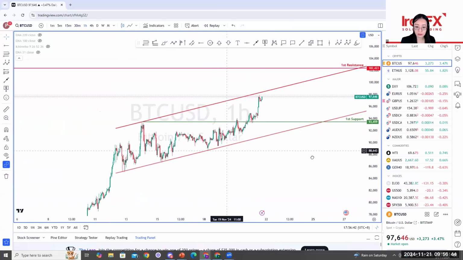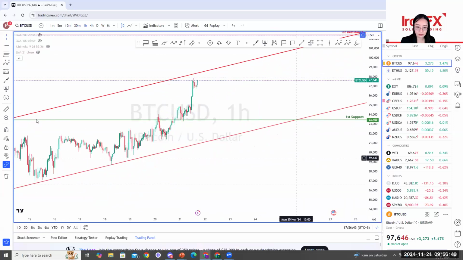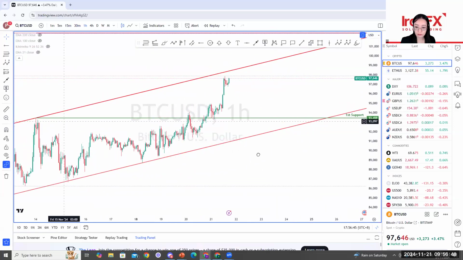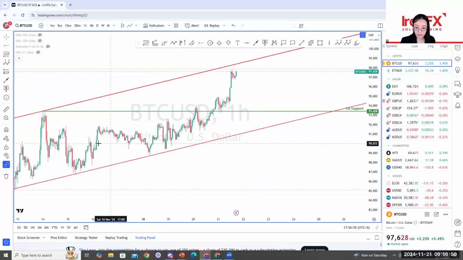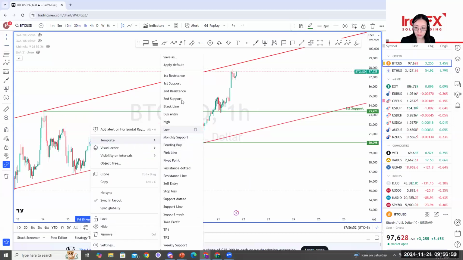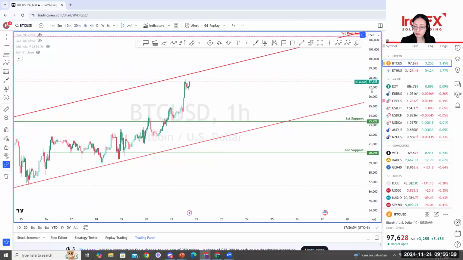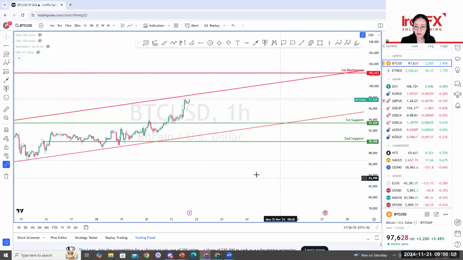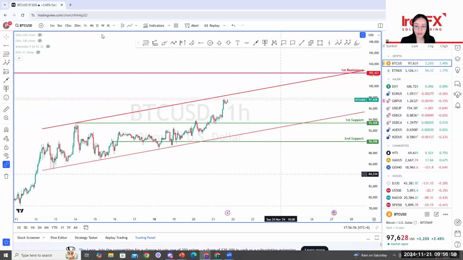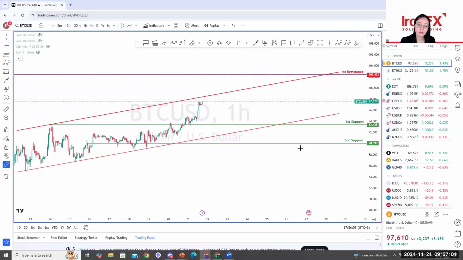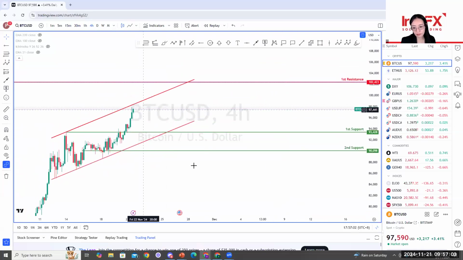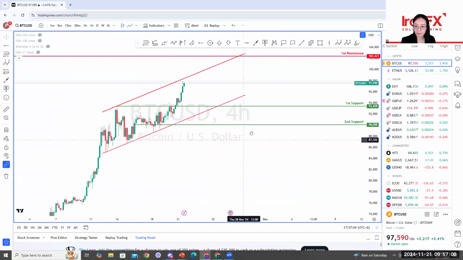You see H1. How is H1 look like? It will look like this. So the first in H1 time frame, this is gonna be second support. So I don't have a trade sell for BTC because it's rising. Okay, you want to buy, it's too high already. You want to sell also, it's not sure whether price will reverse from this, so we have to wait. Okay.